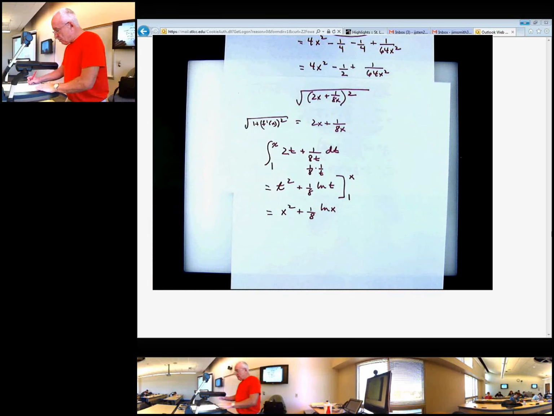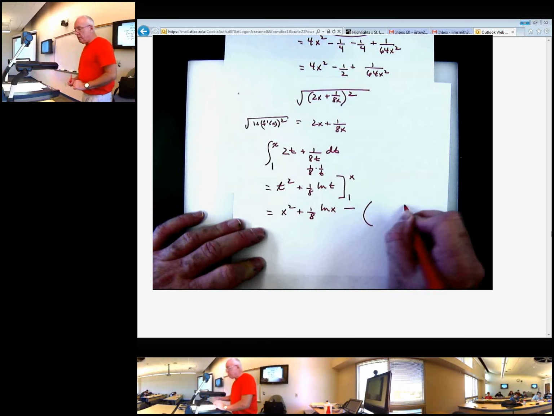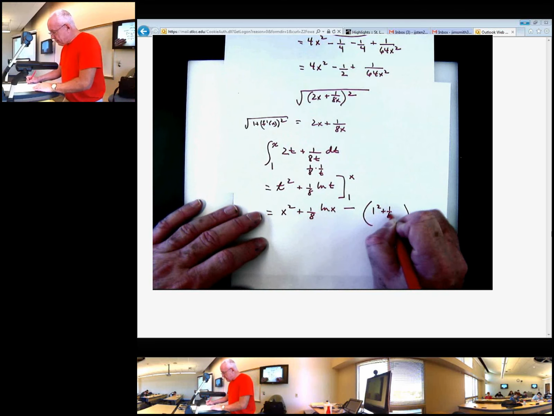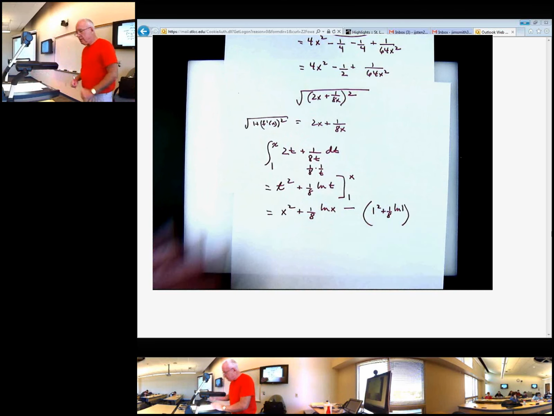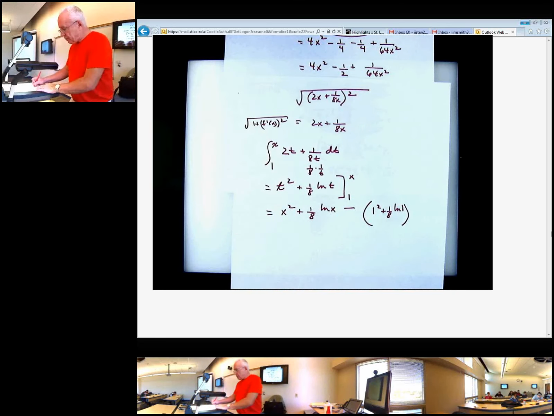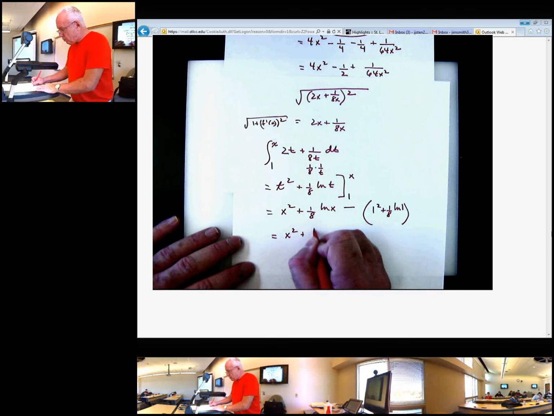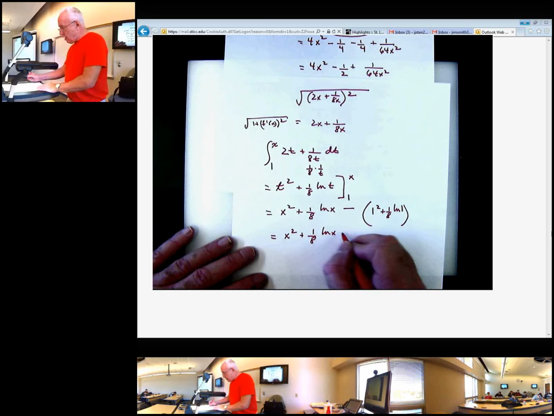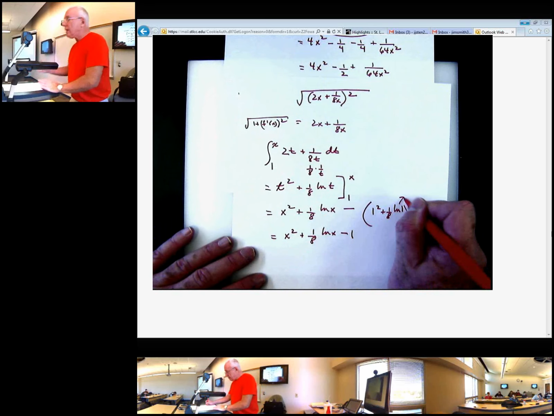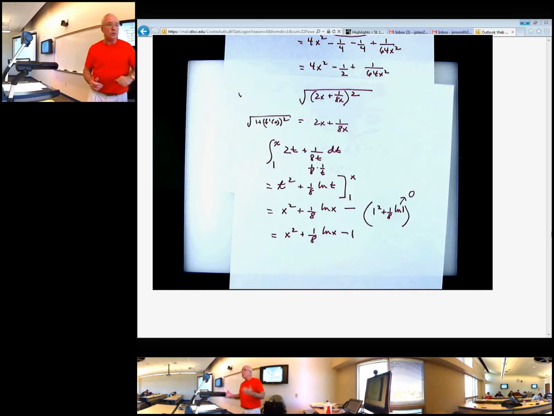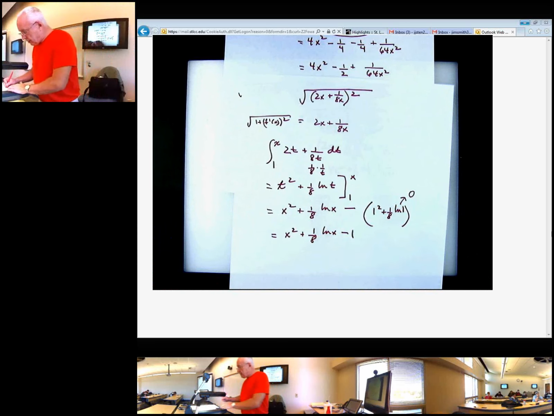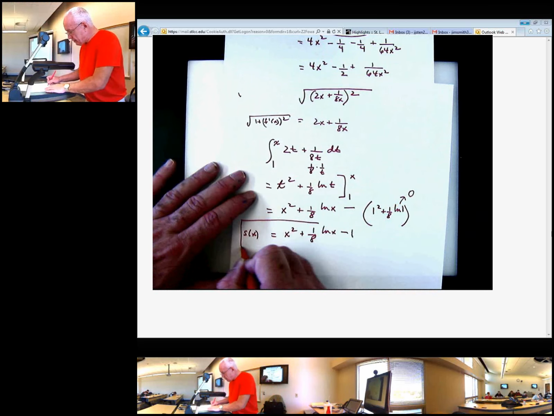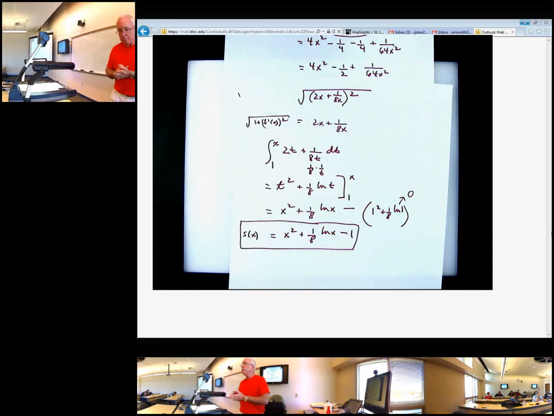And then we subtract and plug in our bottom one, so that's going to be 1 squared plus 1/8 times the ln of 1. And so this all simplifies to x squared plus 1/8 ln of x minus 1, and ln of 1 is 0, so that goes away. So this is our arc length function, that is our answer for that, okay?